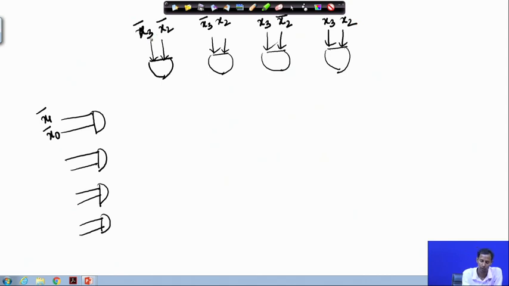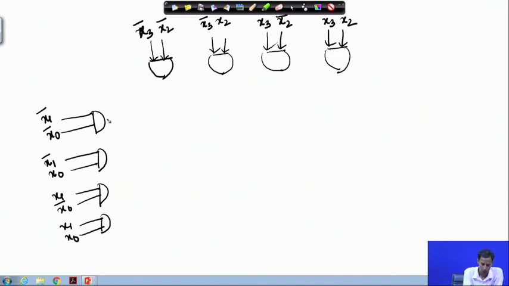Okay. So, that means this is for 00, this is for 01, this is for 10, this is for 11, and this is x1 bar, x0 bar, then x1 bar, x0, x1, x0 bar, and this is x1, x0.